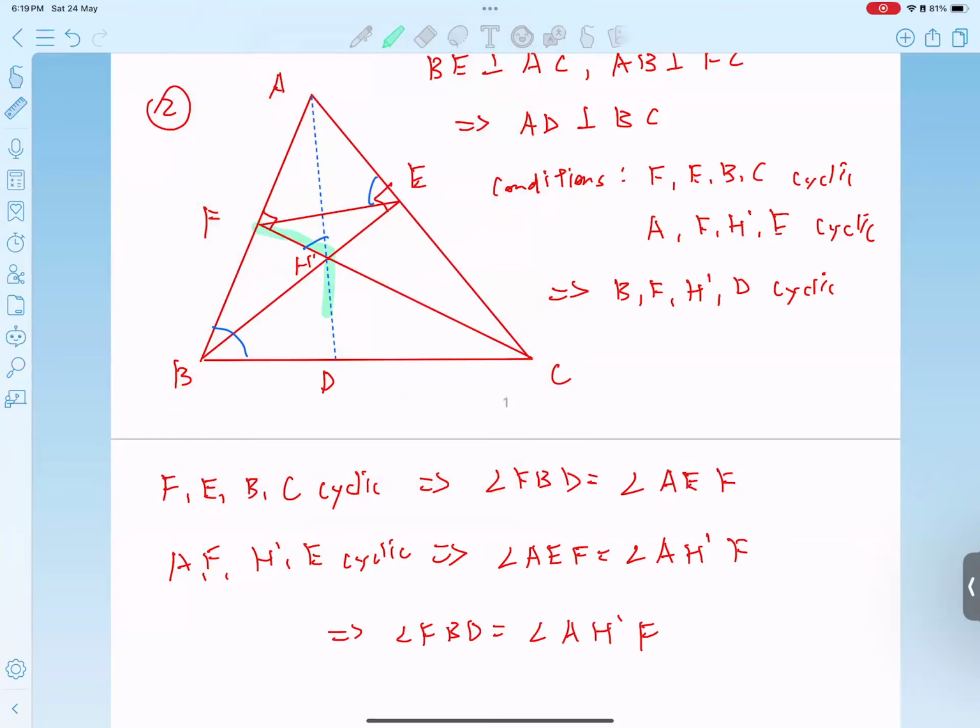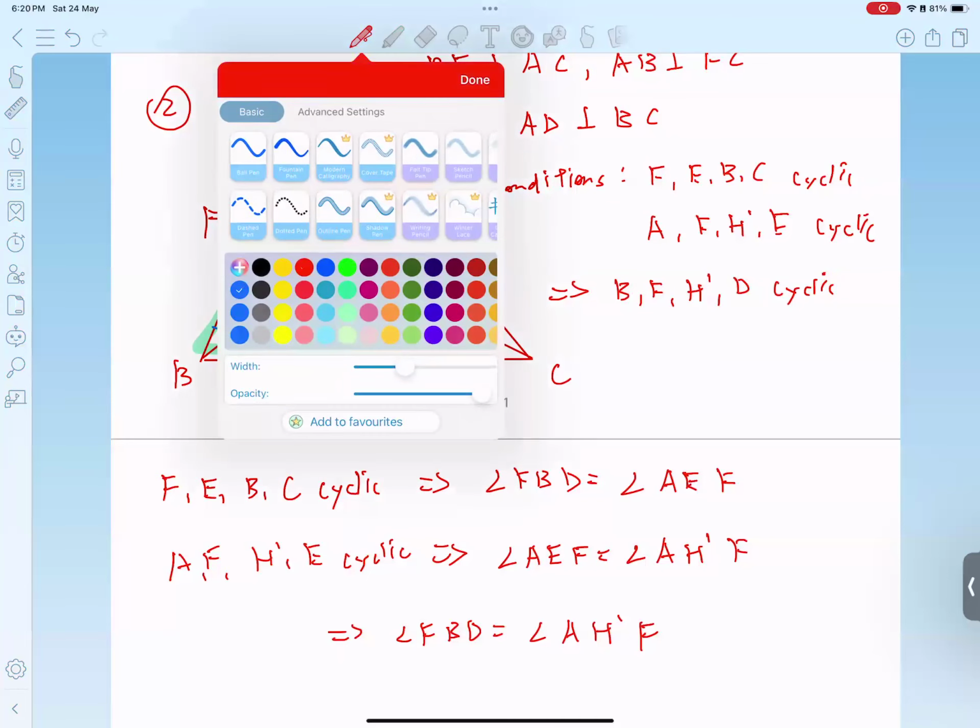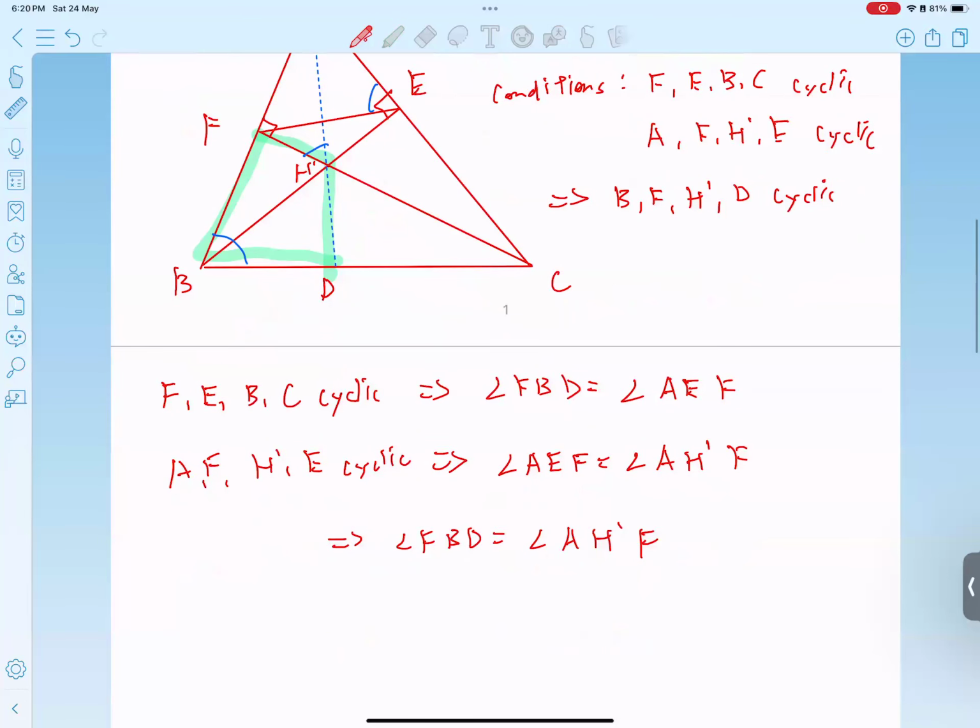And if you see in this quadrilateral, it will mean that these four points are cyclic. So FH'DB will be cyclic. In fact, these are all equivalent.